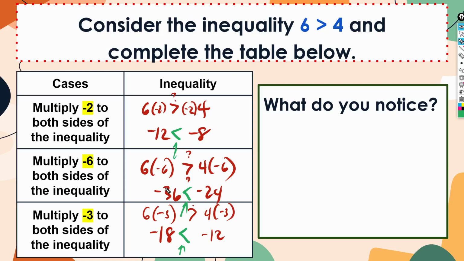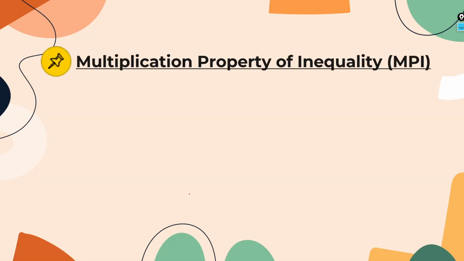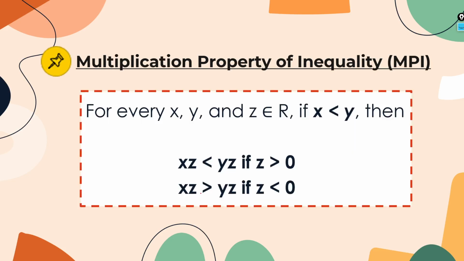So that precisely is how different MPI is from MPE. No? Depende sa multiplier mo yung iyong magiging resulting inequality. Again, the idea is if both sides of the inequality are multiplied by something, you have to examine first what that something is.